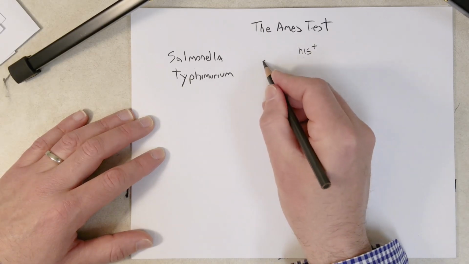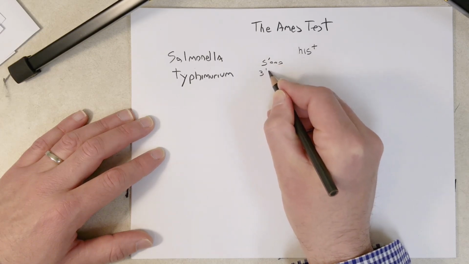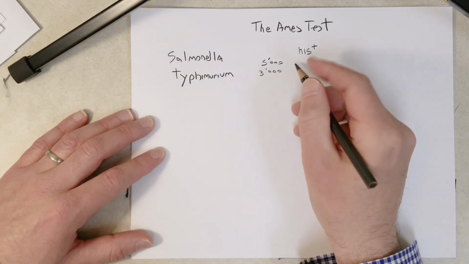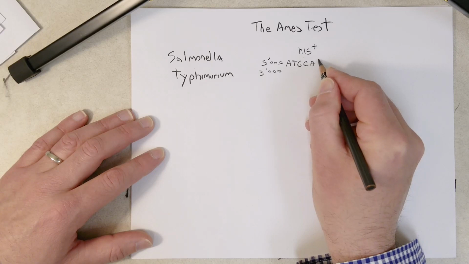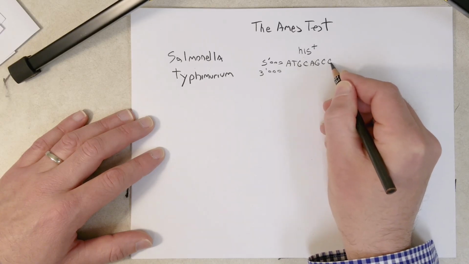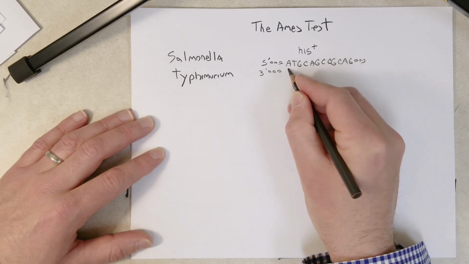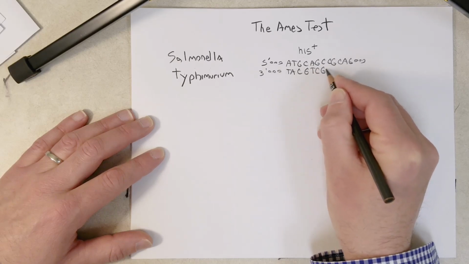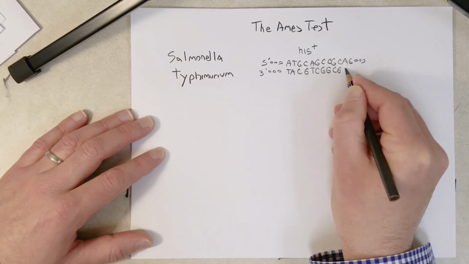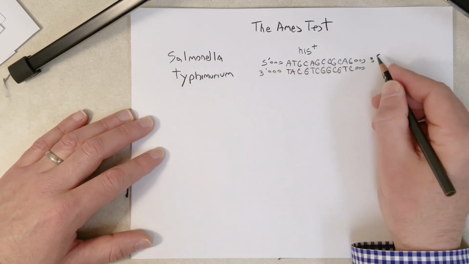And let's take a look at the sequence of that His gene. I'm going to make a sequence up because it's the concept that's important. So I'm going to put a couple of different codons in here for this theoretical His gene, and I'll diagram the complementary strand. These dots indicate it goes on.